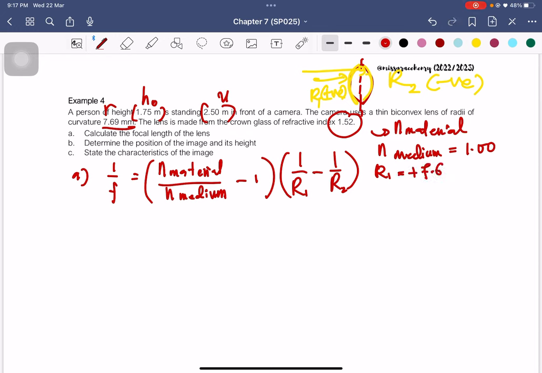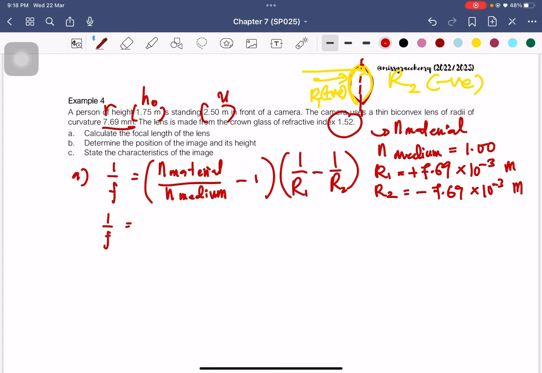So it's going to be positive 7.69 times 10 to the negative 3 meter. The radius of curvature for the second surface, which is a concave surface, will be negative 7.69 times 10 to the negative 3 meter. Right? Okay, so that's about it. We just have to substitute the values in order to find the focal length.